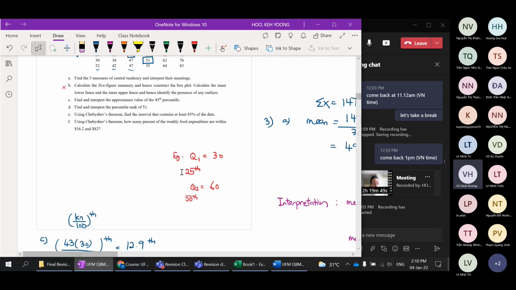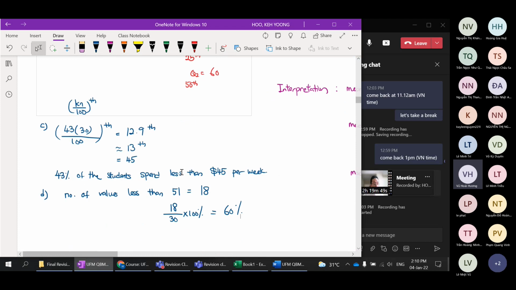But what does this mean? Which means 60% of the students spend less than $51 per week on food. That's the interpretation.